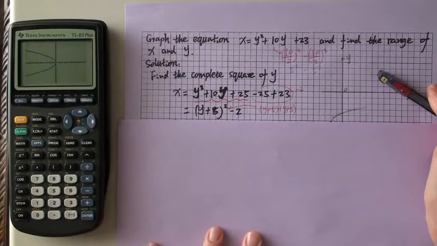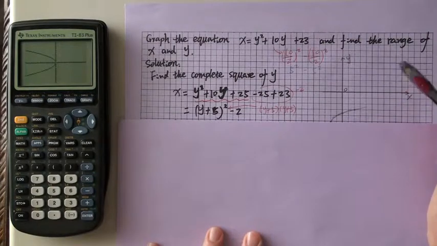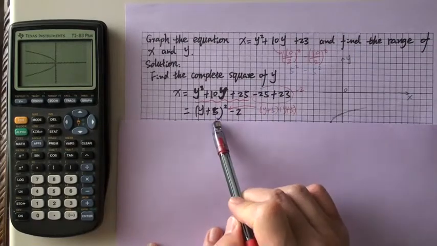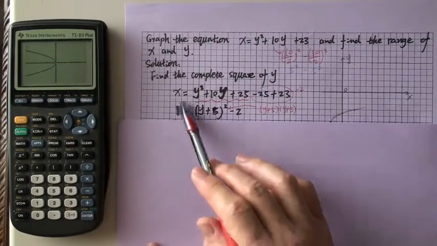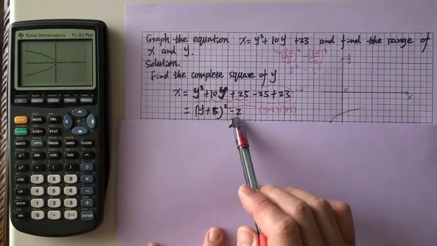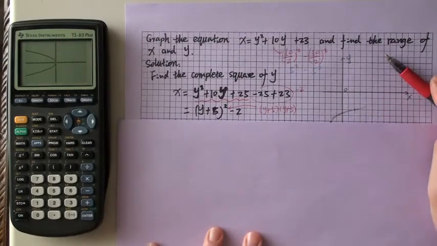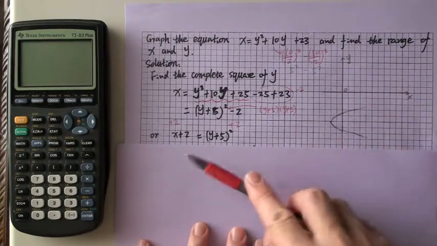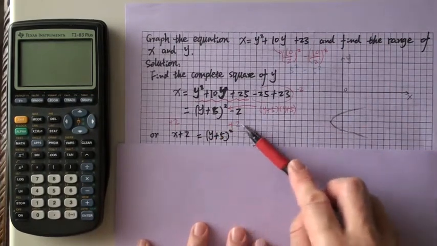It's not hard. So we made some progress. The complete square of y is like that, so x equals y plus 5 squared minus 2. Now you may write it like this: add 2 on both sides.